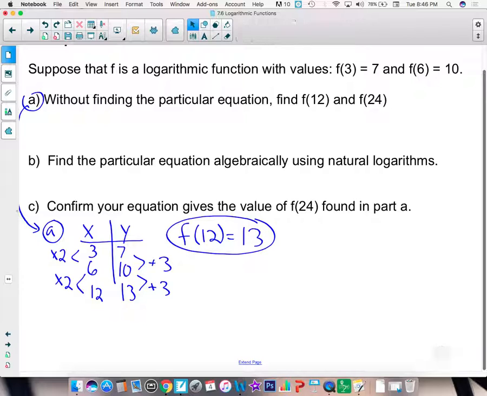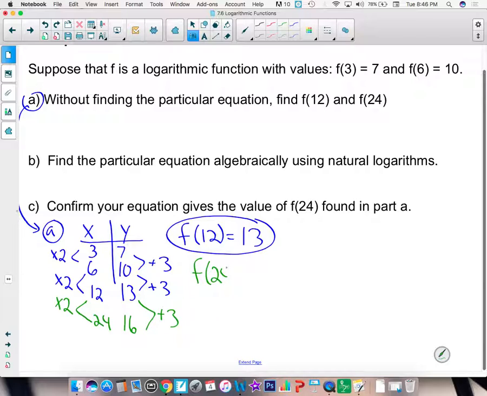That's one of them. If we keep going, we need f of 24. So we have to times 2 again, and we'd have 24. Then we add 3 again, and we get 16. So f of 24 equals 16. Those are the two numbers we're looking for.